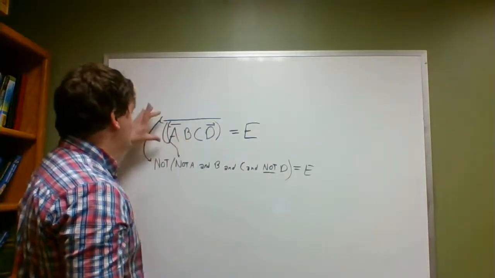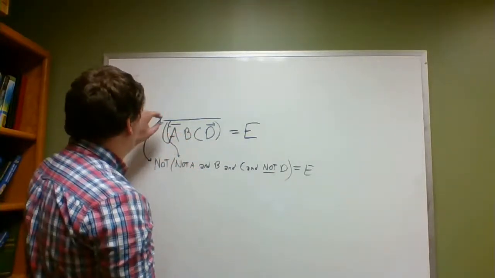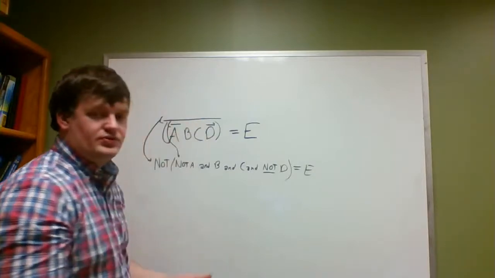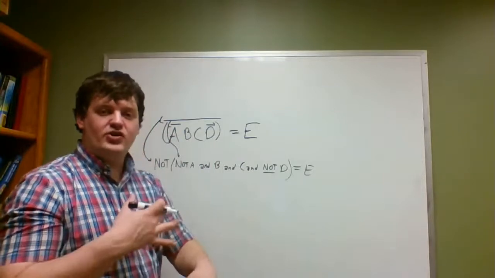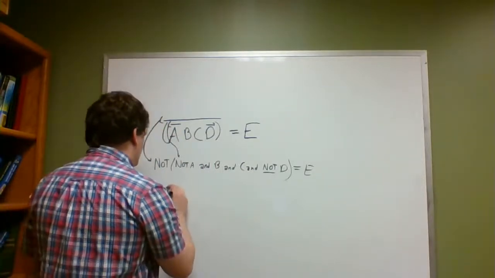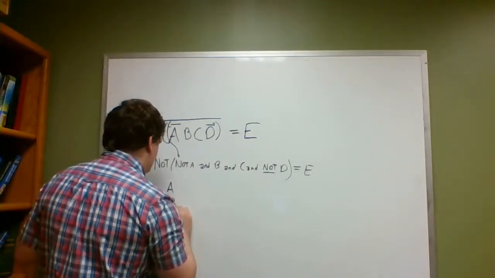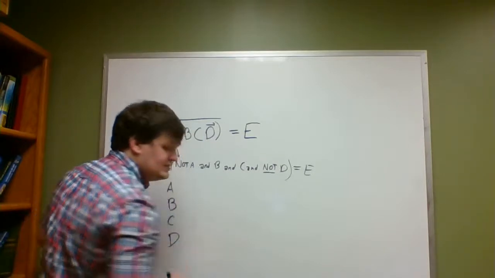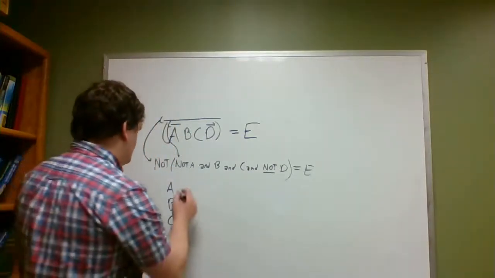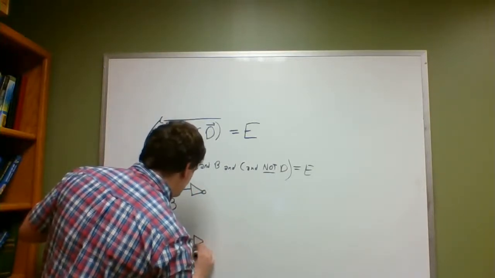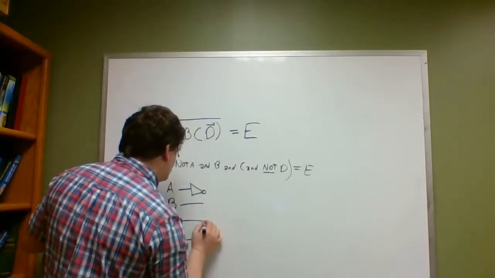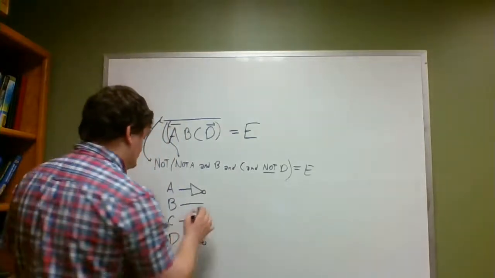And inside of that not and gate, we have two individual features that both have been negated, reversed. So if I take my A, B, C, D, A is going to have a not gate on it. D is going to have a not gate on it. B and C do not have those.